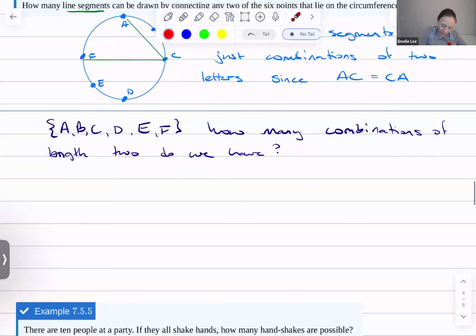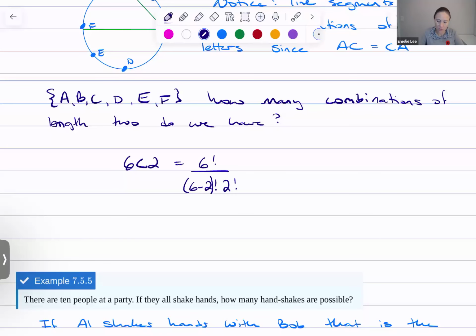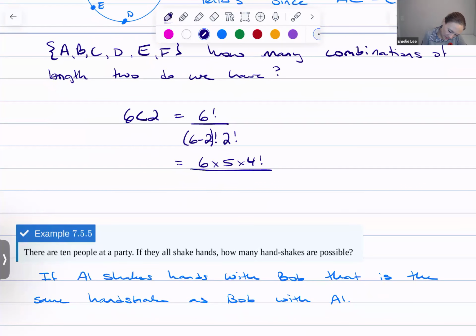And so what we want to find is 6 choose 2. 6 choose 2 is 6 factorial divided by 6 minus 2 factorial times 2 factorial. 6 minus 2 is 4, so I'm going to write out 6 times 5 times 4 factorial divided by 4 factorial, 2 factorial. That's going to cancel. 6 times 5 divided by 2.